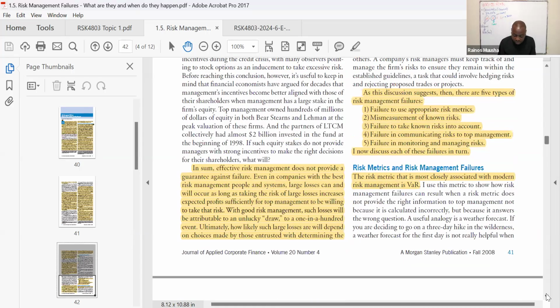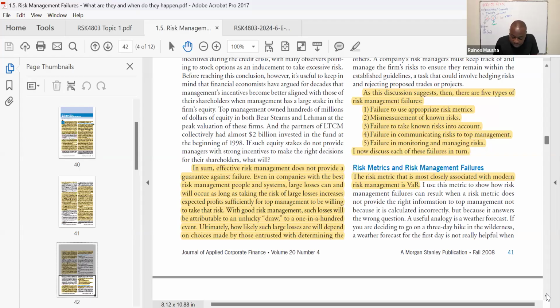So here they say, in sum, effective risk management does not provide a guarantee against failure. Even in companies with the best risk management people and systems, large losses can and will occur as long as taking the risk of large losses increases expected profits sufficiently for top management to be willing to take the risk.